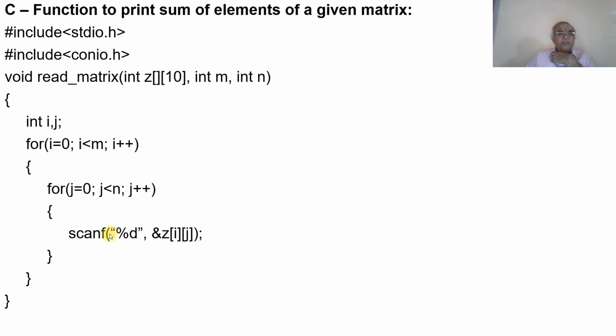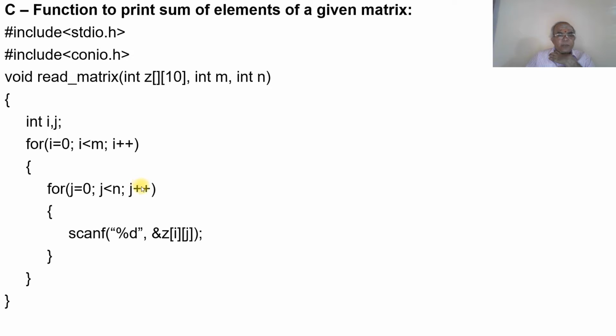Yes, it takes i is equal to 0 and j is equal to 1, so it takes the value of 0,1 in the z matrix. That means the first row, second column, it will read. Again j is incremented, 1 plus 1 becomes 2, is 2 less than 3? Yes, then it reads the value of z of 0,2. That is the first row, third column.